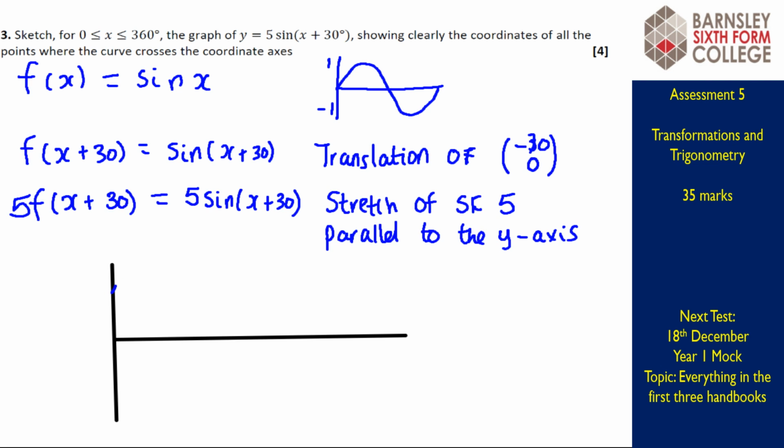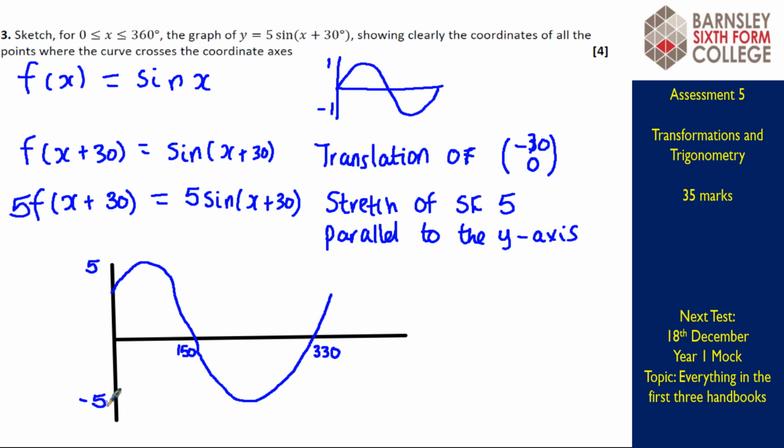So we're going to start somewhere up here, go up, come down. Hopefully your sine wave's a little bit better than mine, and then we'll stop here. So remember, this point here that's 180 is now 150 degrees. The point that was 360 is now 330 degrees. This now goes up to 5 and down to -5.